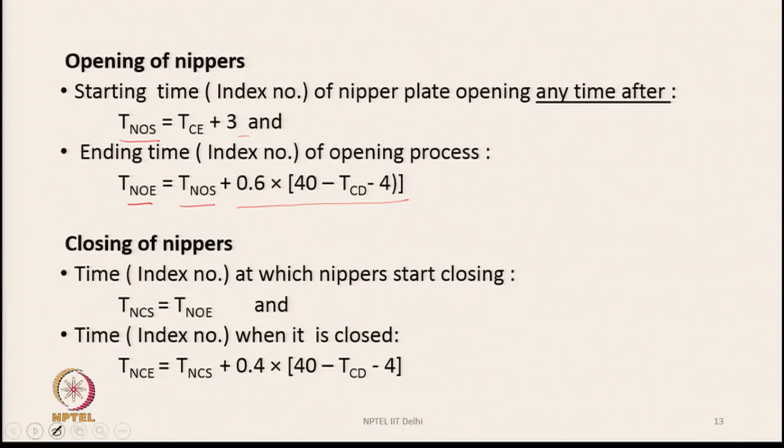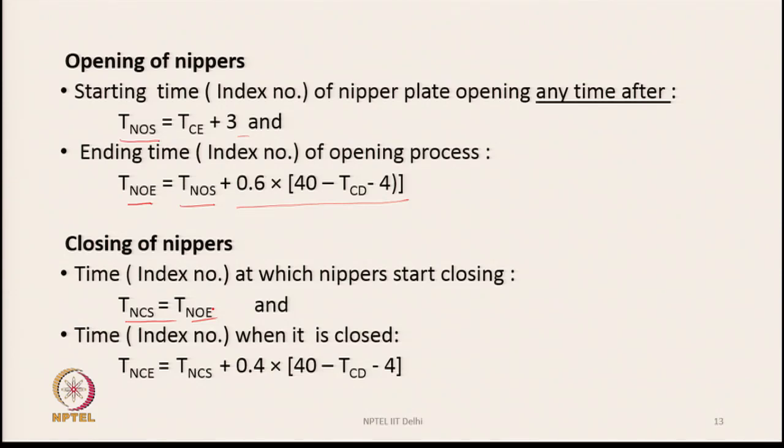Similarly, for closing, the time at which the nippers start closing is the time at which the nipper opening process is ending. So, TNCS and TNOE are exactly going to be the same: whenever the opening ends, the closing process starts.